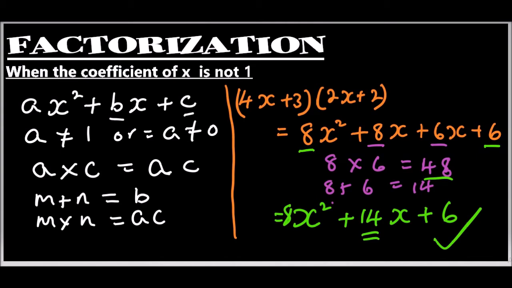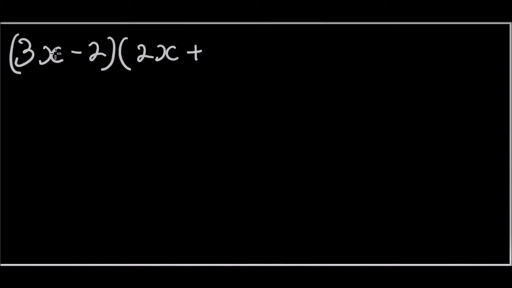So let's do another example and see what we get. This is another example that I want us to do, just expansion to understand the process. We have 3x minus 2, close the bracket, and 2x plus 3. We want to expand that. The process here is you multiply 3x by 2x, which gives us 6x squared. 3x multiplied by 3 gives us plus 9x.